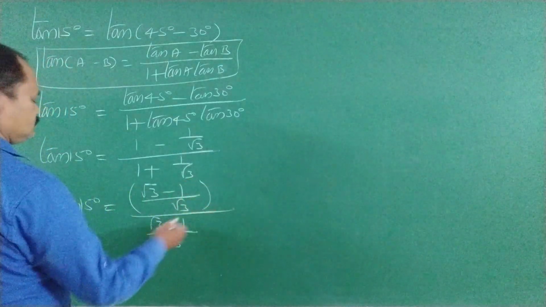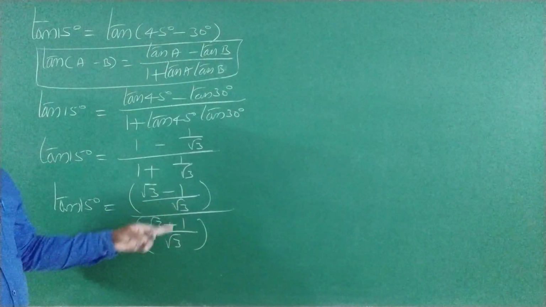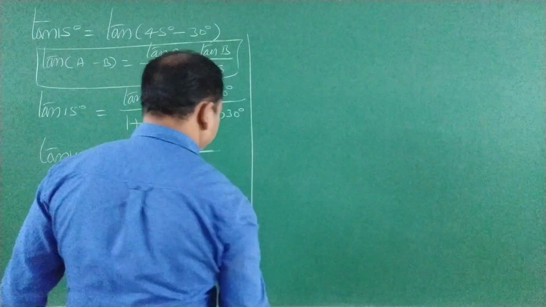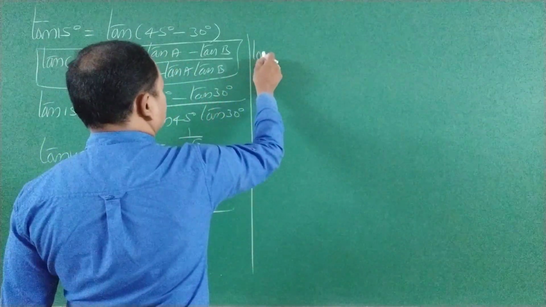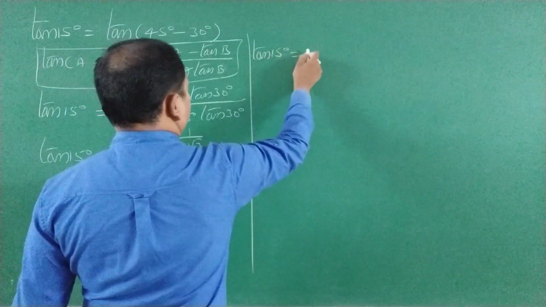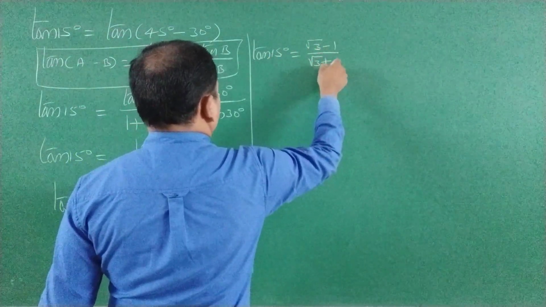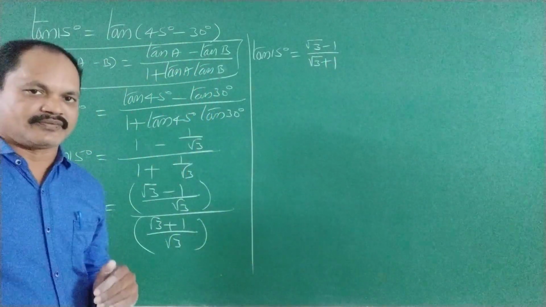Both numerator and denominator have the LCM root 3, so root 3 gets cancelled. So tan 15 degrees is equal to (root 3 minus 1) by (root 3 plus 1). That is the value of tan 15 degrees.